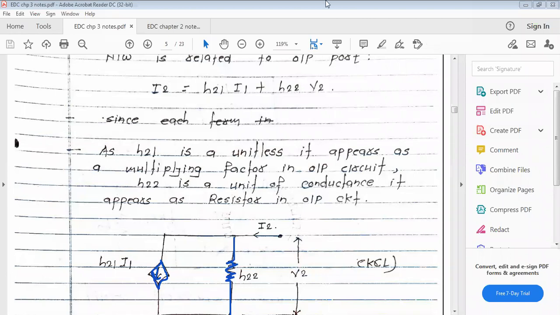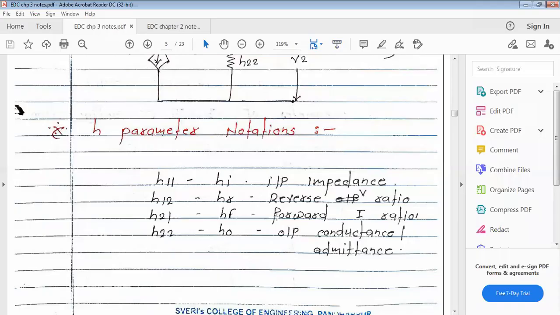Now, there are 4 types of representation for all these H parameters. H11 itself is represented as HI. H12 is represented as HR, as it is the reverse voltage gain. H21 is represented as HF, as it is the forward current gain. And H22 is represented as HO, that is the output conductance.